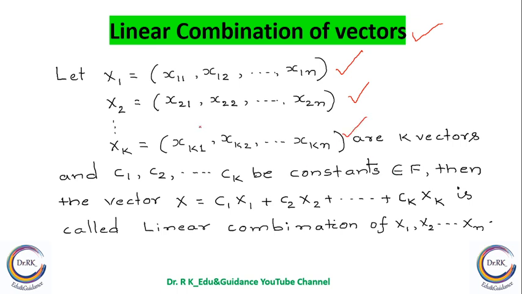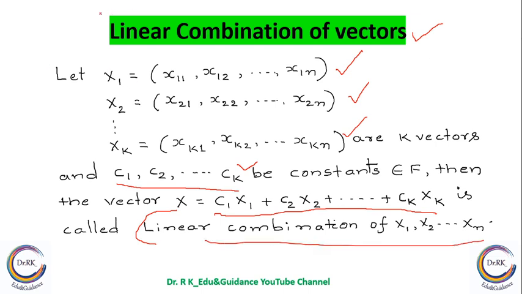Suppose there are some constants c1, c2, so on, ck. If there exists a vector which is of the form c1 x1 plus c2 x2 plus so on ck xk, then this vector x is called a linear combination of these vectors.